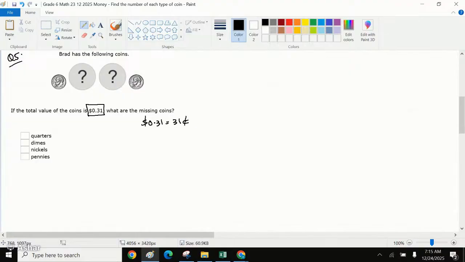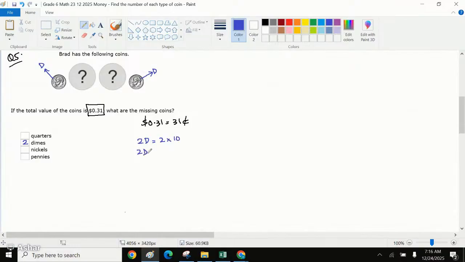Right? So first we need to find which coins are given to us, right? So the given coins to us are, this is a dime and this is a dime as well. So if we have 2 dimes, that means we had 2 dimes, right? Then 2 dimes would mean 2 multiplied by 10.